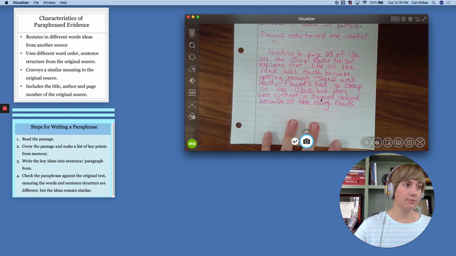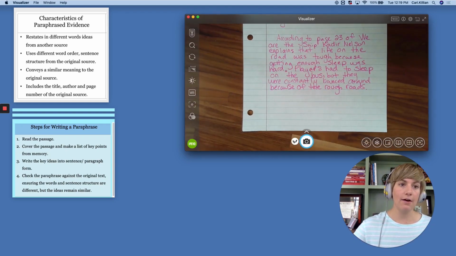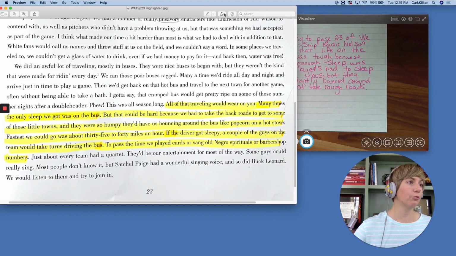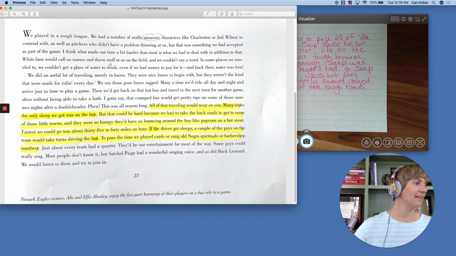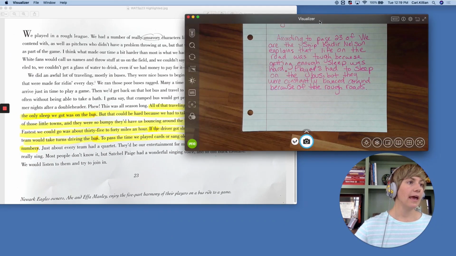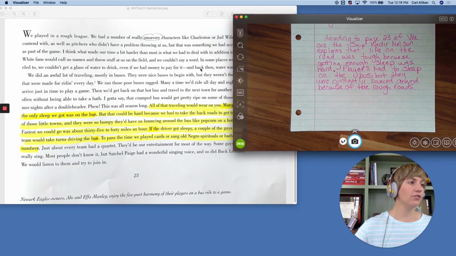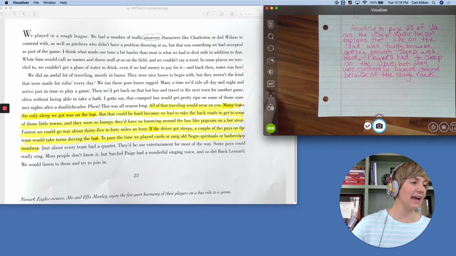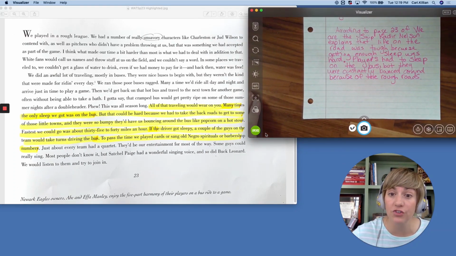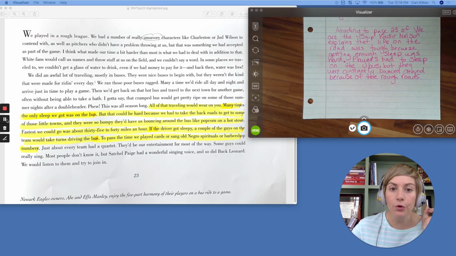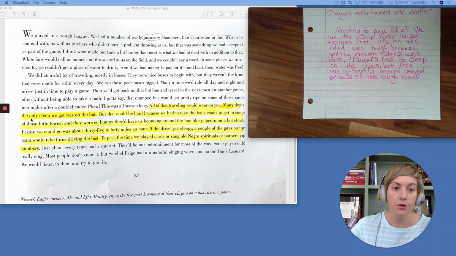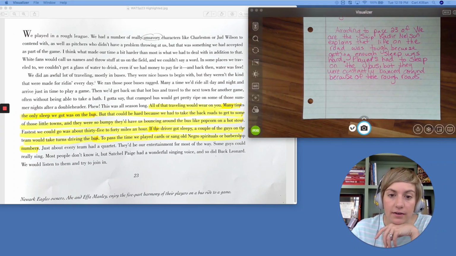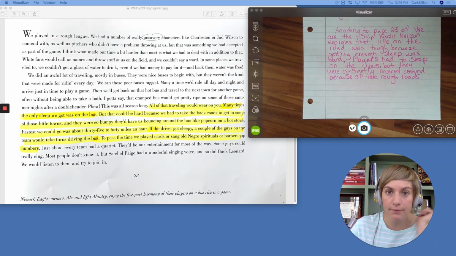All right, so we're going to keep this up on the screen. You can see my paraphrase. And now I'm going to bring back that original text that we had in yellow. And I want to check my ideas, my paraphrase against this original text. I'm going to reread the original text and my rewritten paraphrase.